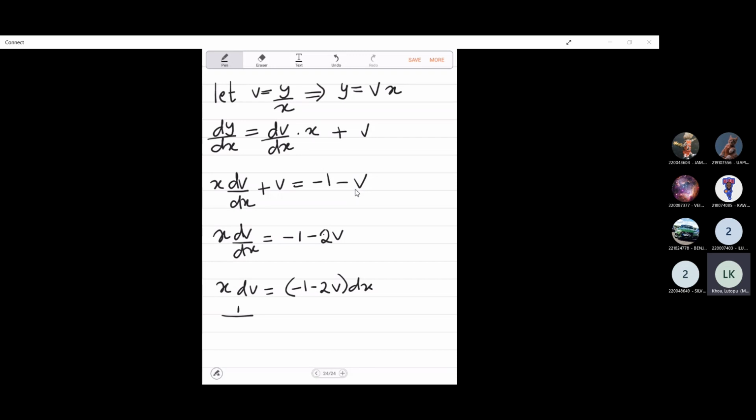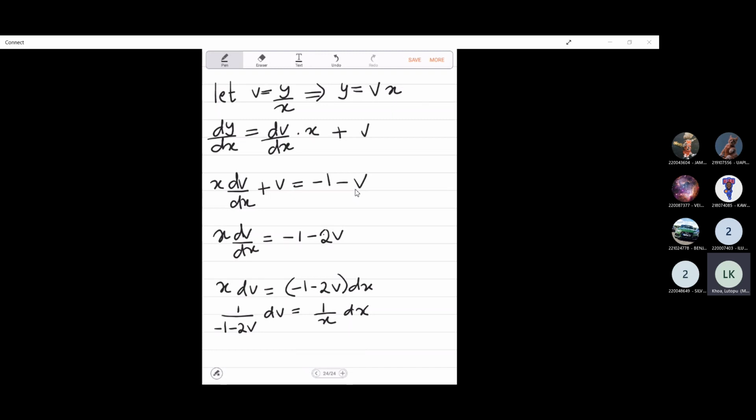So I'll have 1 over (-1 minus 2v) dv is equal to 1 over x dx. Just to make it easier for me to integrate, I can multiply both sides by -1.